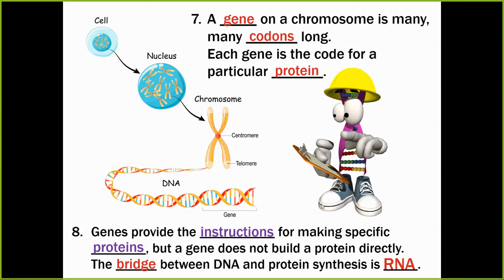DNA is the instructions, but RNA is going to read the instructions. RNA is going to gather the ingredients. RNA is going to put together the proteins. So just like you might read a recipe and put together some delicious meal, RNA is the worker who is actually going to do this. DNA is just the instructions. Okay?